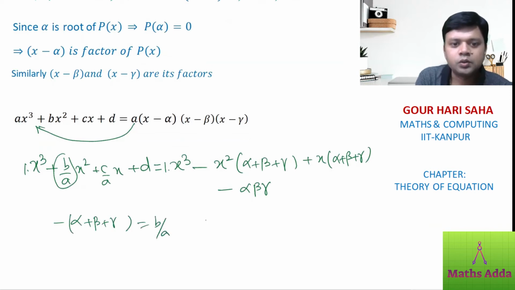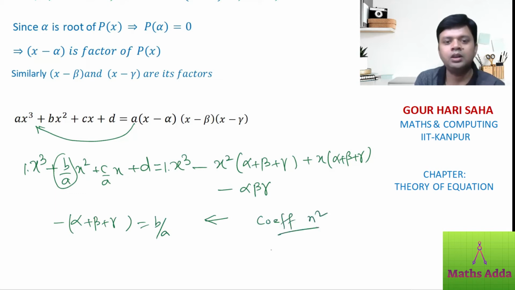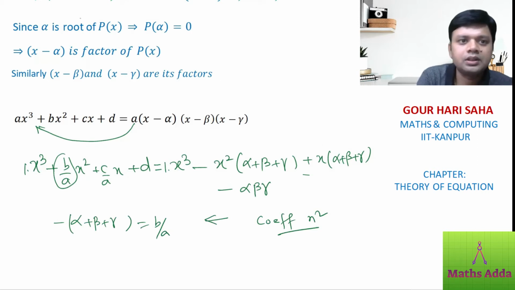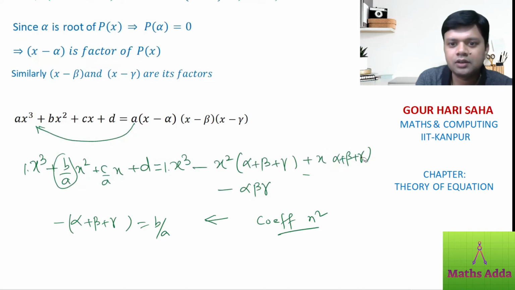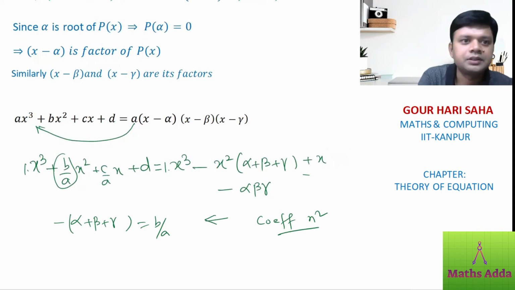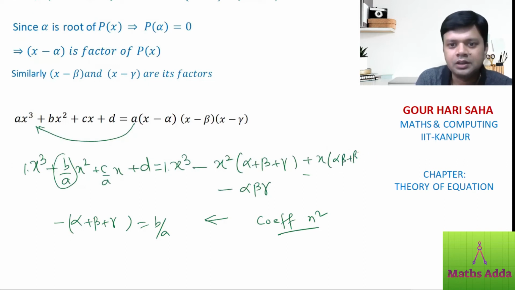That is equating the coefficient of x square on both sides. Then in the same way, we compare the coefficient of x. Sorry, we made a mistake here. It is not alpha plus beta plus gamma, it is alpha beta, beta gamma and alpha gamma. You multiply it and you will get it.